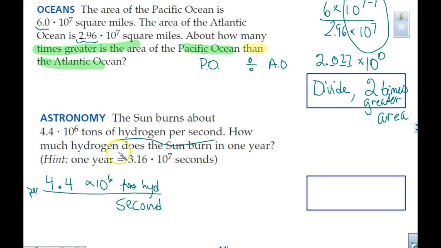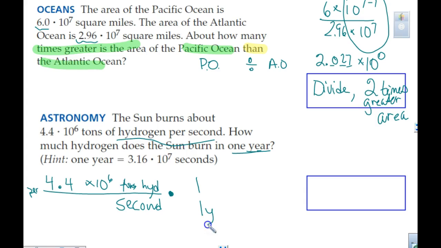And it says 1 year is 3.16 times 10 to the 7th. And we're figuring out how much burns in 1 year. What operation are you thinking we should be? So I agree, we are going to multiply, but why multiply? Because we want to go how many years, and we have 1 year, so we're going to think of it this way.